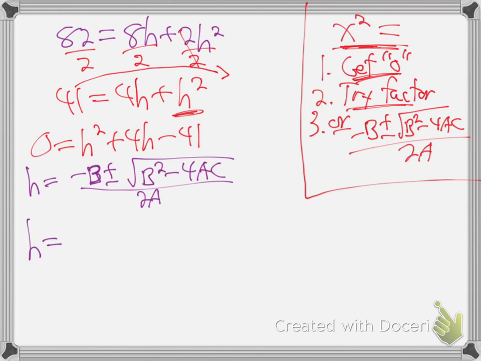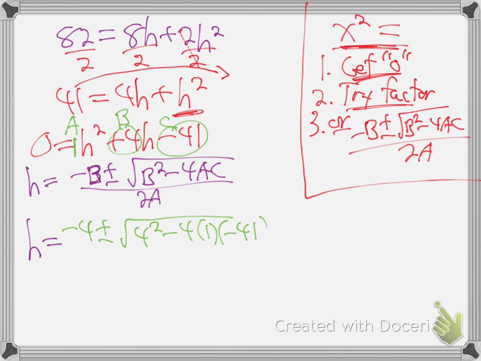So let's see what we got here. A is 1, b is 4, c is negative 41. So negative b, negative 4, plus or minus the square root of b squared minus 4 times a times c, all over 2a. So what do we get? H is negative 4 plus or minus the square root of 16.